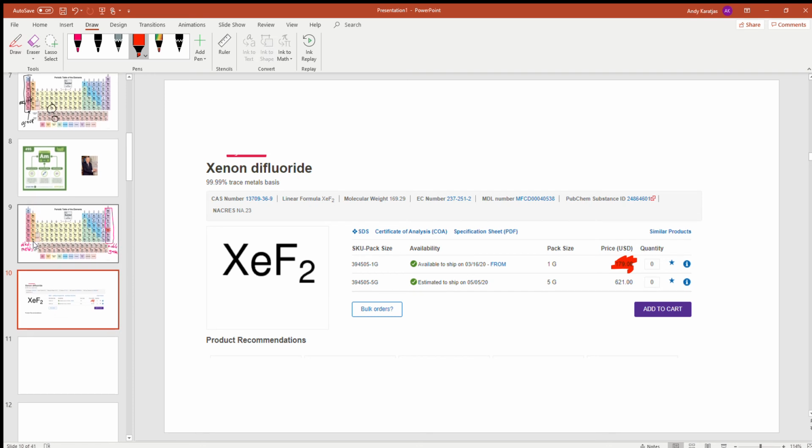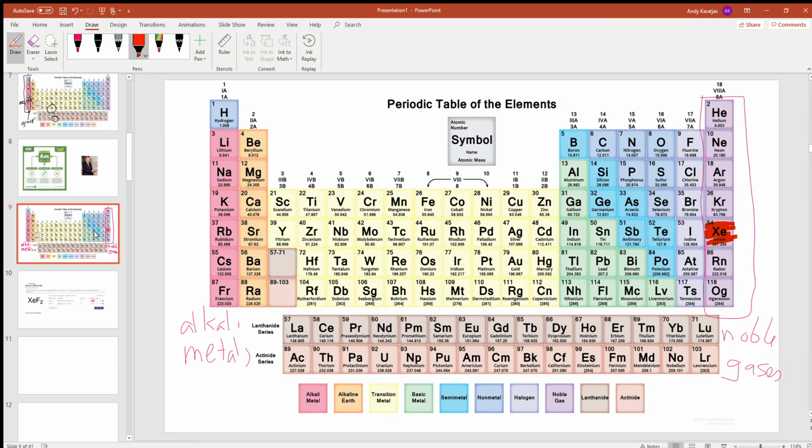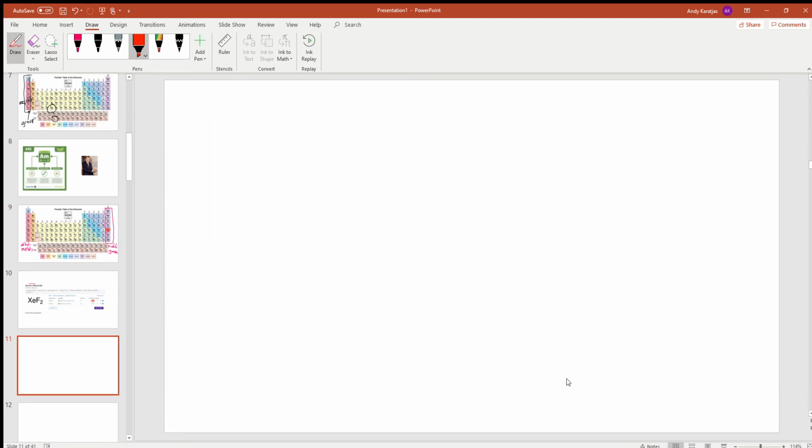So one of the things I remember when I first took a chemistry class back in high school was I was told that yes, xenon, radon, krypton can react, but the higher elements on the table, helium and neon, they never form compounds. And probably when I was taking chemistry in high school, that was probably true.